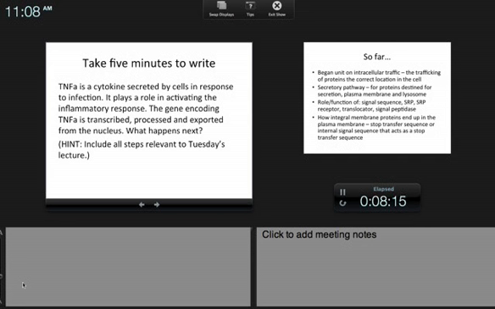It's secreted by cells, so right away that should trigger secretory pathway, right? It plays a role in whatever. The gene is transcribed, processed, exported from the nucleus. What happens next? So who wants to share with me what they wrote in a way that doesn't take too long? Who's brave?